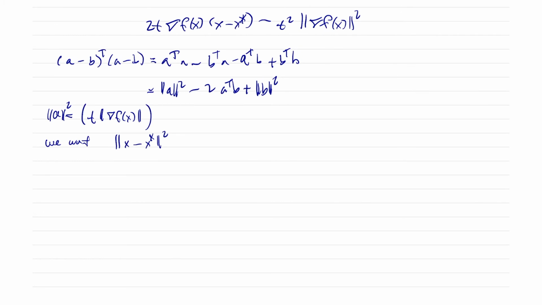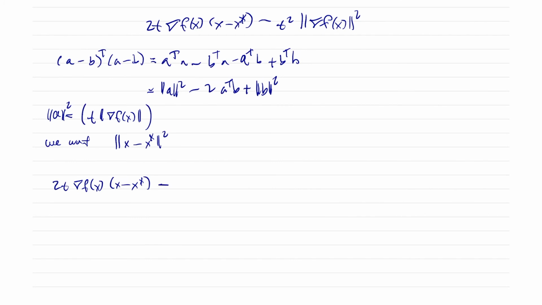If I add and subtract that, we're going to have 2t gradient of f of x times x minus x star. Now these are column vectors and this is a row vector, so it's going to be a little bit different than strictly this, but we'll see as we go.